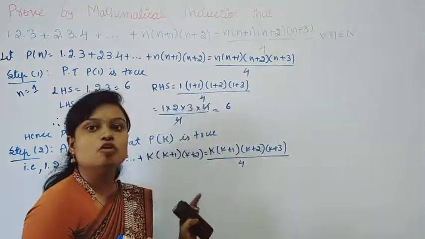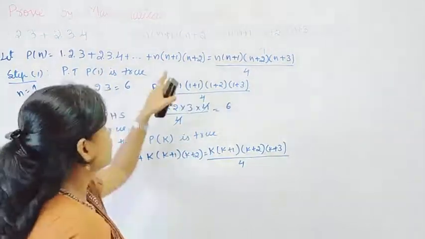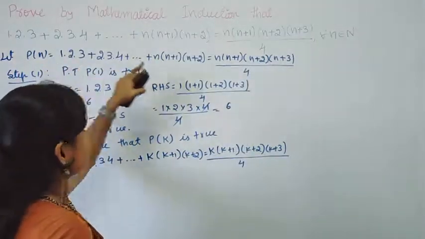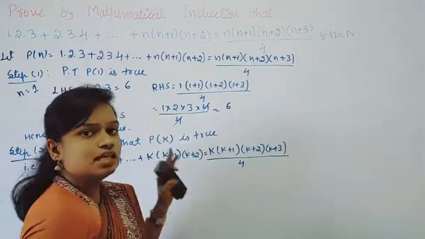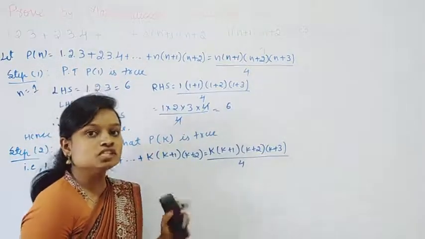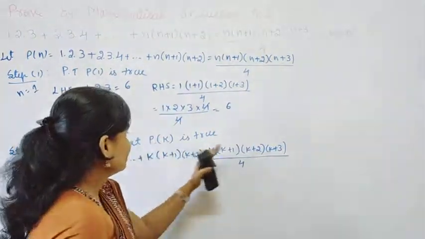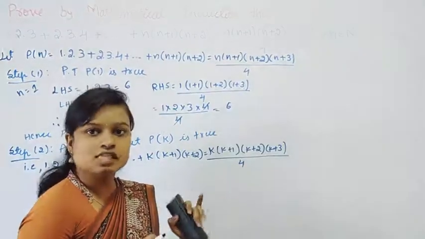This is P of k. P of n means the variable is n, so P of k means replace n by k. The step 2 is we assume the given statement is true for some k.